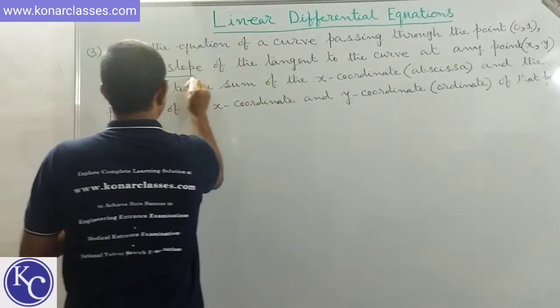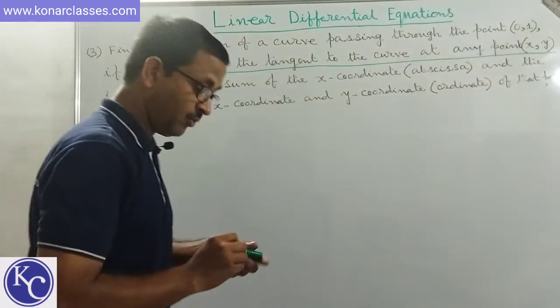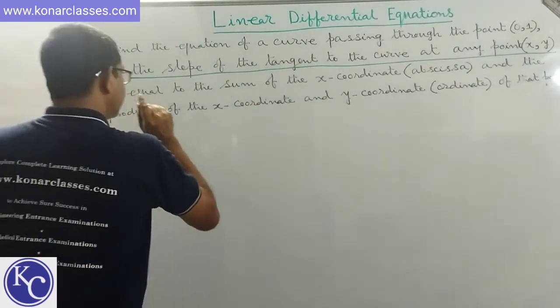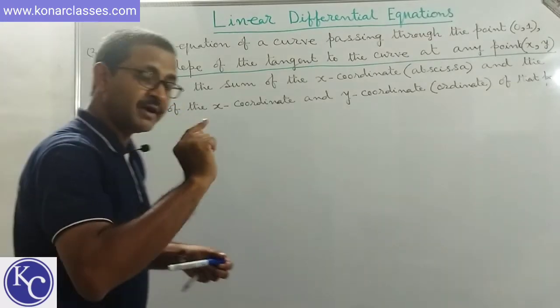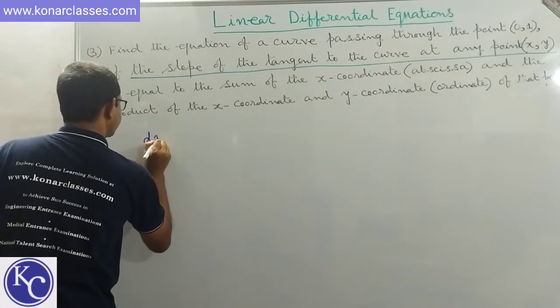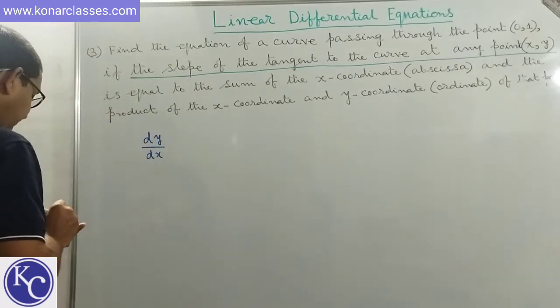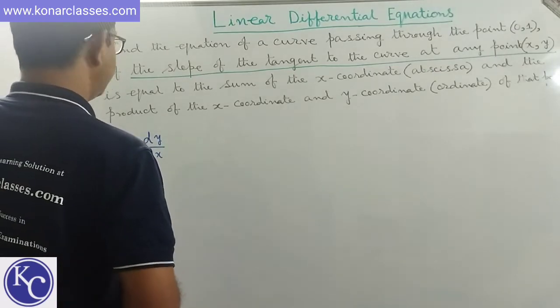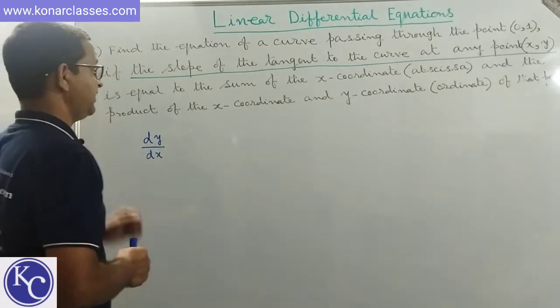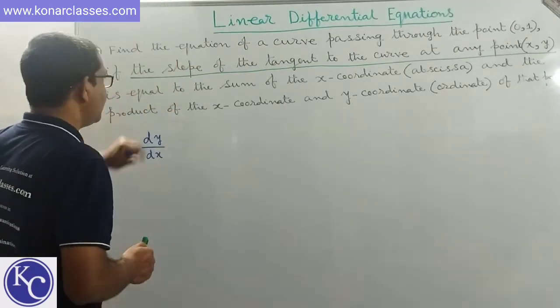The slope of the tangent to the curve at any point x, y is nothing but dy dx. If you follow my classes on application of derivative, you will get a clear idea why it is dy dx.